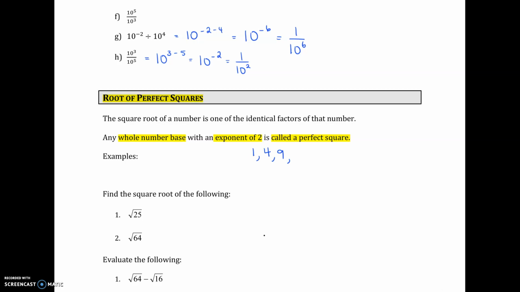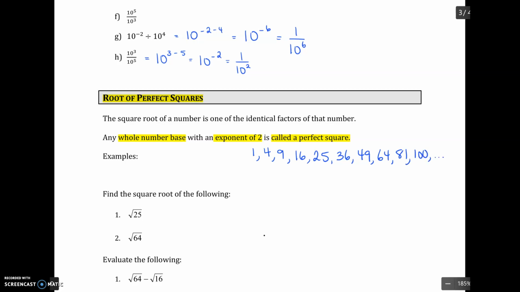In other words, 1 squared, 2 squared, 3 squared. I'm going to keep going a little bit. 4 squared is 16. Practice some of your mental math, maybe from past math classes. 5 squared, 36, 49, 64, 81, 100, and so on.